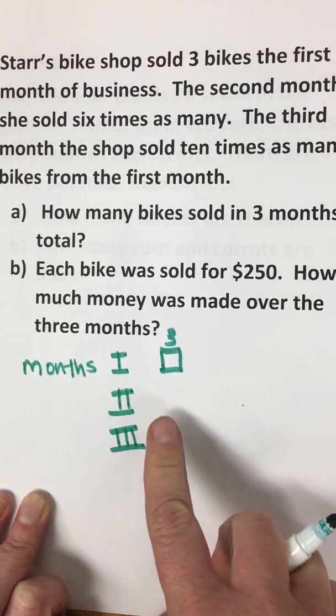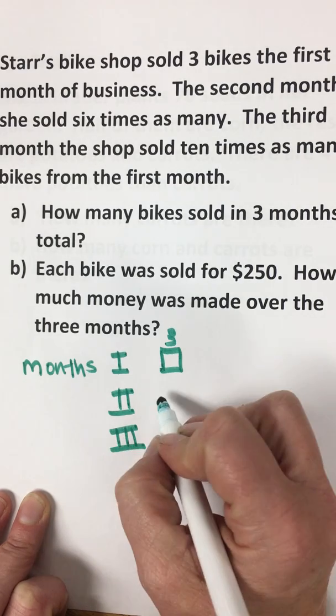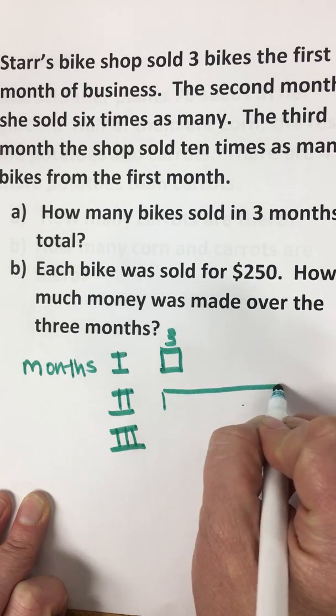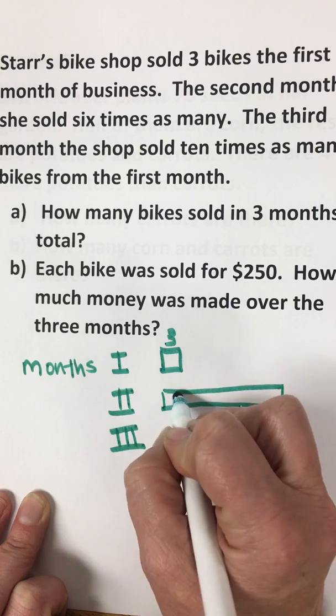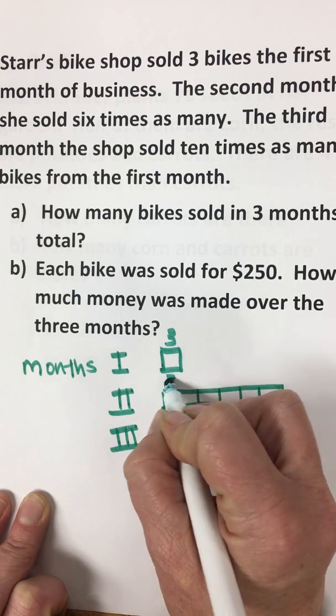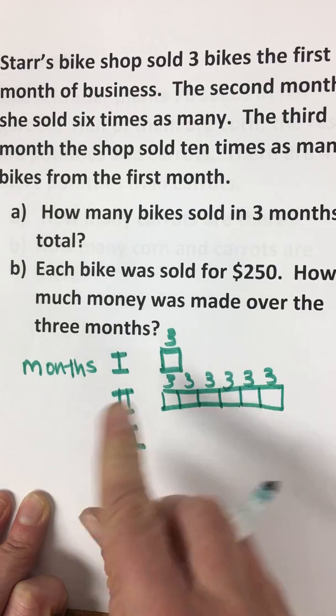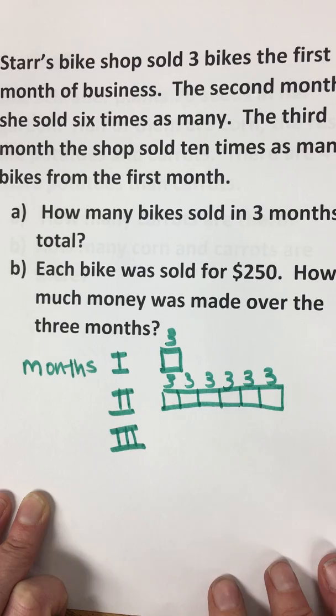Then it says in the second month we sold 6 times as many. Well, guess what? That means I need 6 bits, right? And so each of those has a value of 3 if we're going off of that first month.